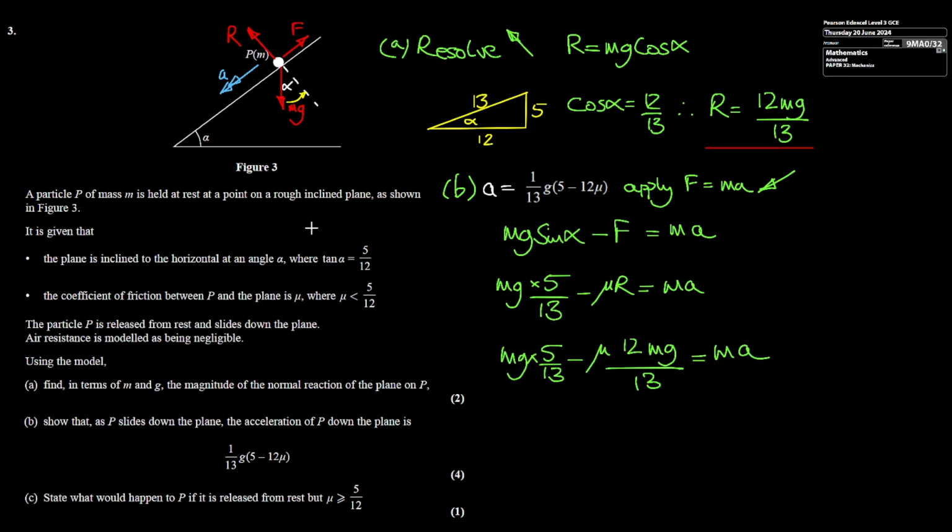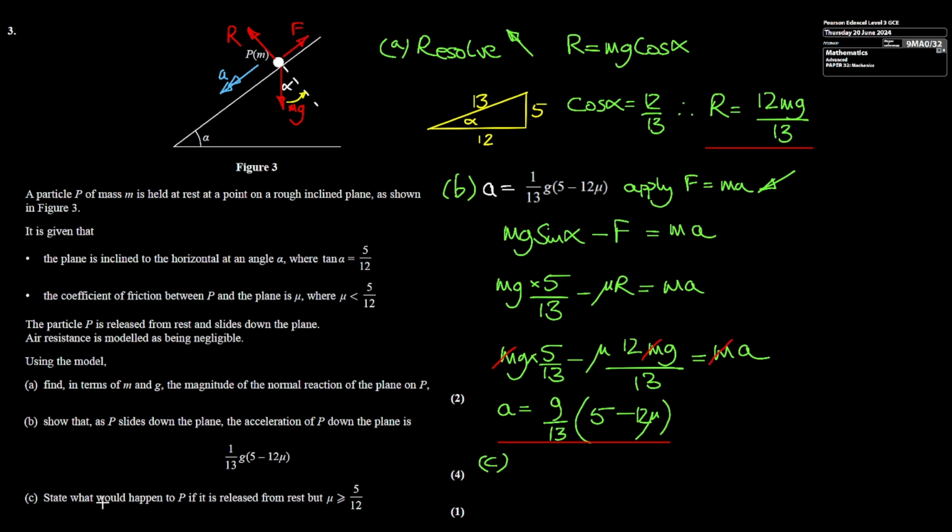So I get this. The m's will cancel all the way through. Now we want a to be the subject, and I can take a factor of g/13 out of the left-hand side. So a is equal to g/13 times 5 minus 12 mu. And that's the answer they wanted.